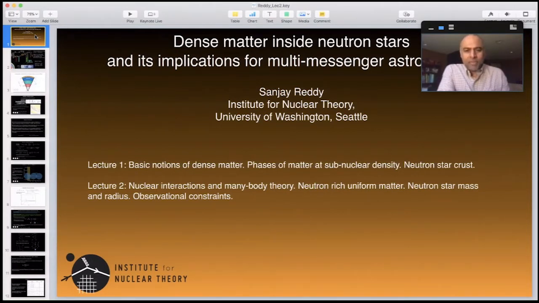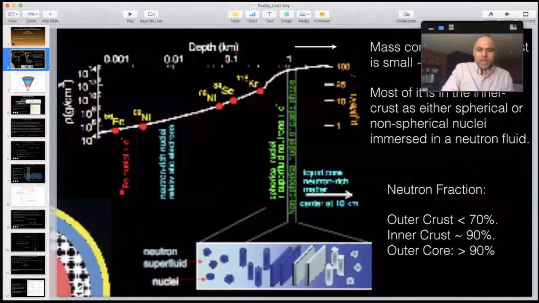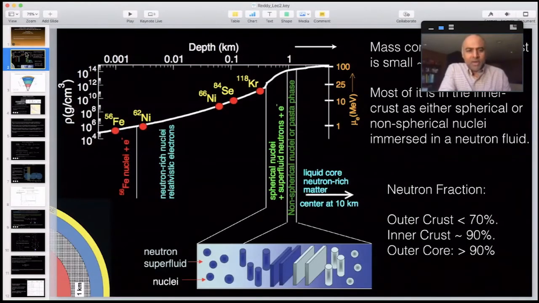We discussed how matter transforms from this heterogeneous mix of nuclei and electrons into a mix of nuclei, electrons, and neutrons, and then eventually makes a transition to a state of matter which is a liquid of neutrons, protons, and electrons. So in the last lecture, we discussed the neutron star crust. In today's lecture, we'll discuss the outer core of the neutron star.